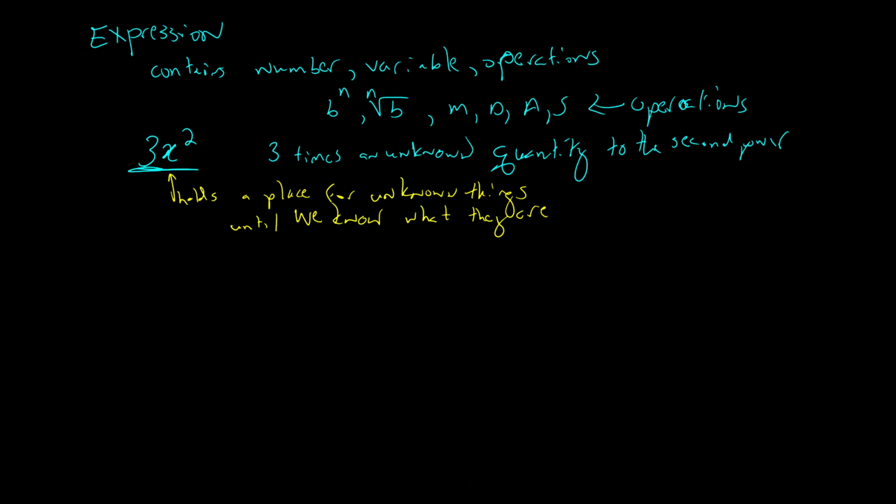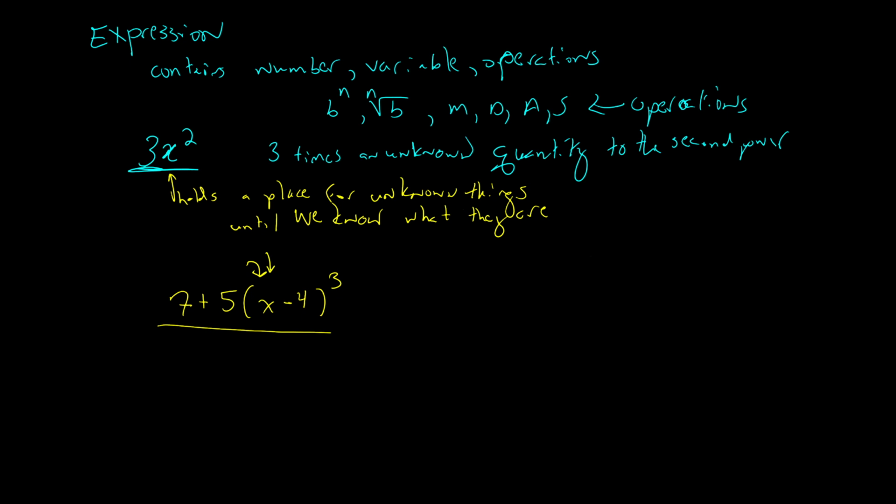So I'm going to use an example from the book. 7 plus 5 times, in parentheses, another quantity, x minus 4 cubed. And right now, I can't tell you what this is, because of this unknown quantity in here, this expression has an unknown value.